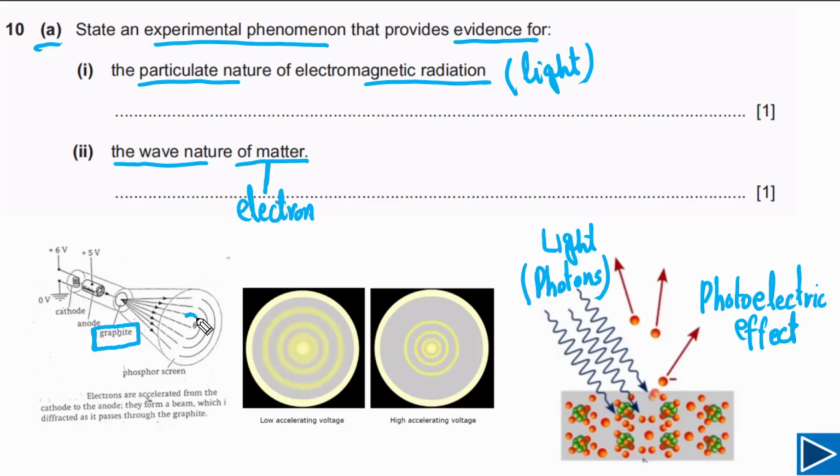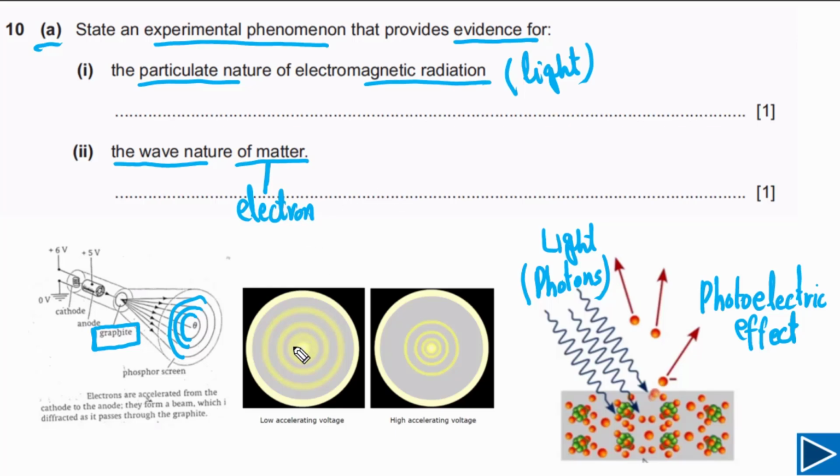And on the screen, we observe concentric circles, meaning electrons form concentric circles on the screen. These concentric circles can only be formed if electrons behave as waves. If electrons behaved as particles, concentric circles would not be formed.